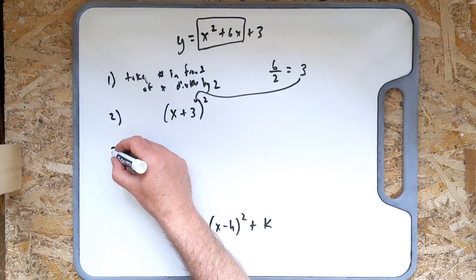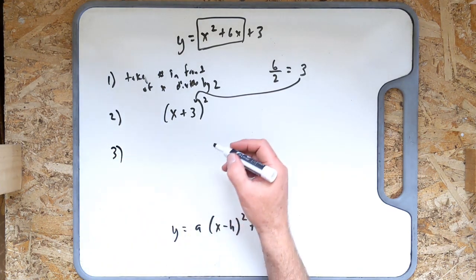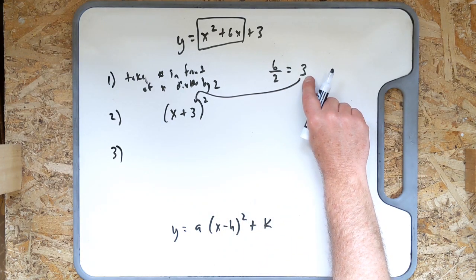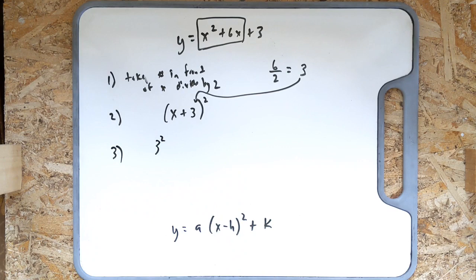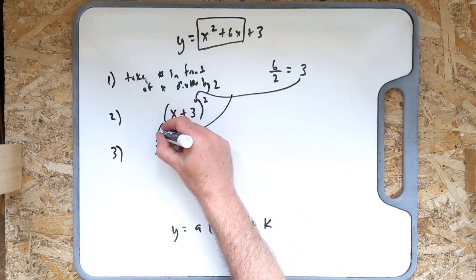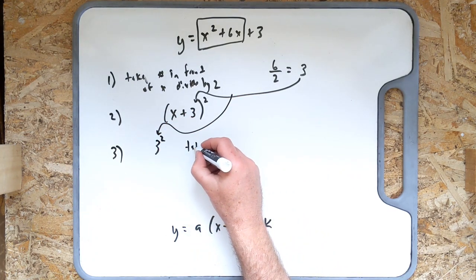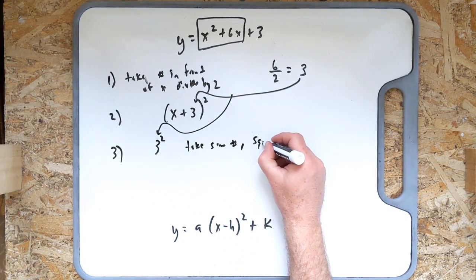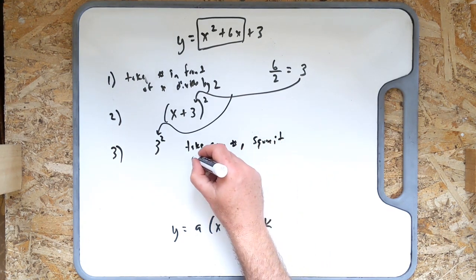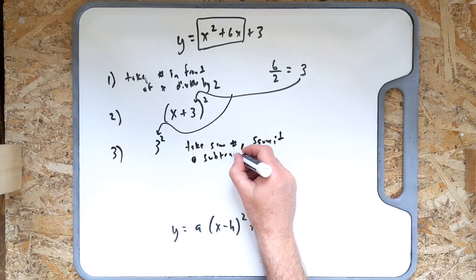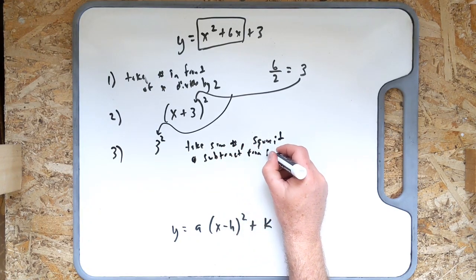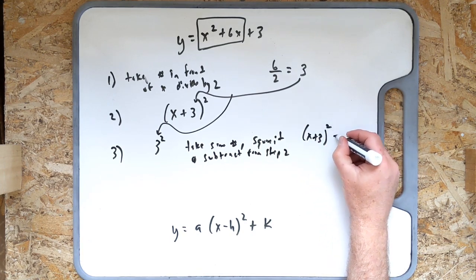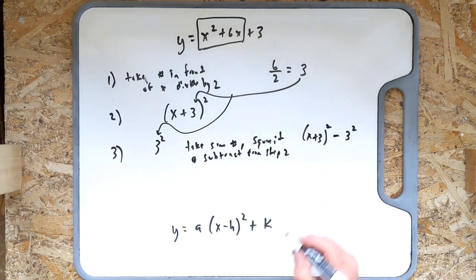Then, however, what you do next is you take that same number and you square it, and subtract it from step 2. Now you have (x plus 3) squared minus 3 squared.